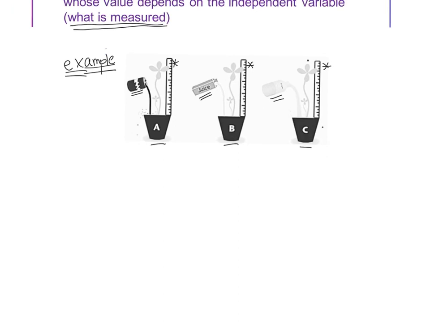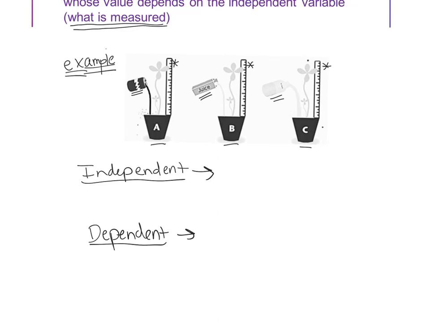Now, your job is to decide what is the independent and dependent variable in this experiment. The independent variable is the thing that you are changing in each experiment. What is he changing in each experiment? He's changing the type of liquid.